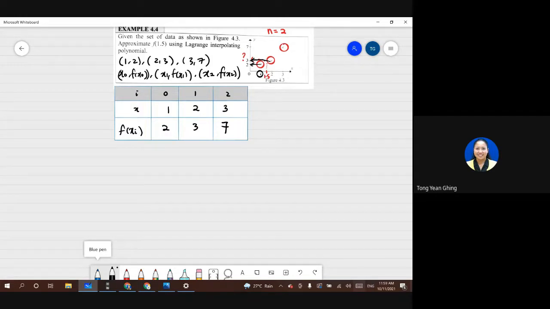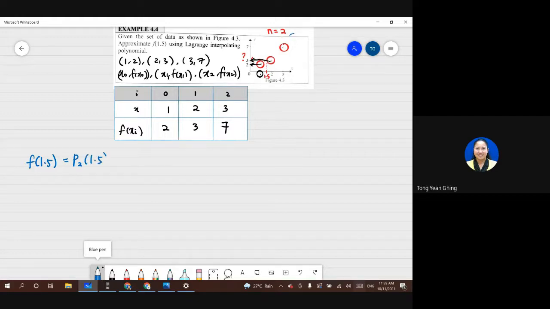Okay, so now we have to find... if you don't want to do a very long one, you can step by step find the L first, the weighting functions, and after that only combine. But I will combine all because I'm lazy. So now we want to find f(1.5). That means we need to find P2, right? Because n is 2.